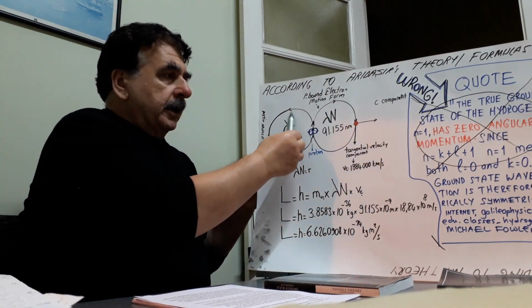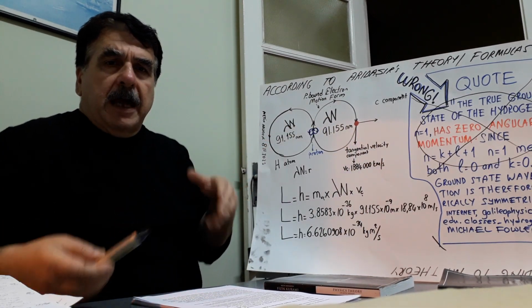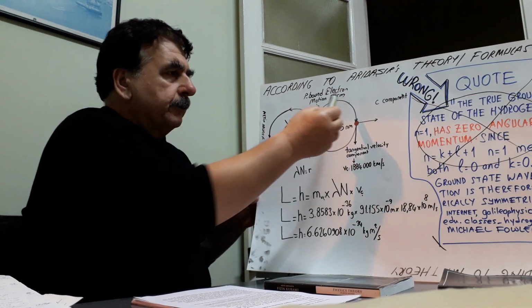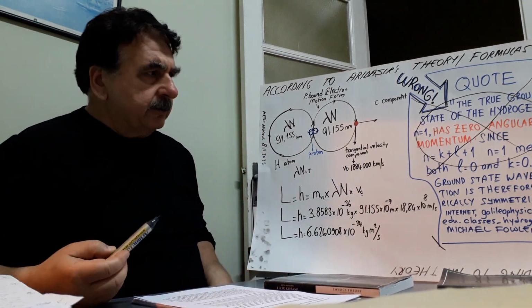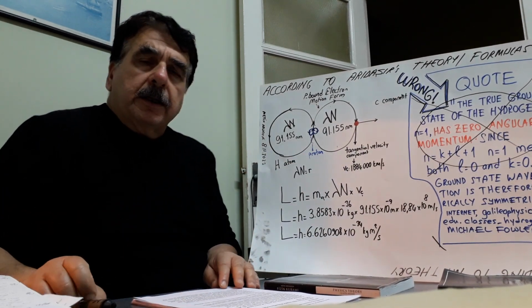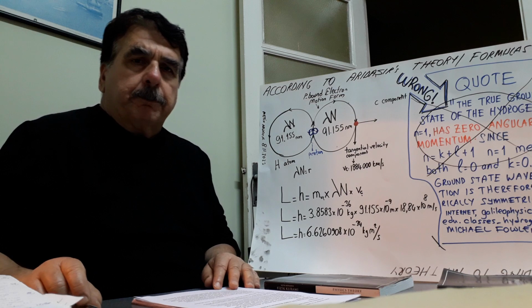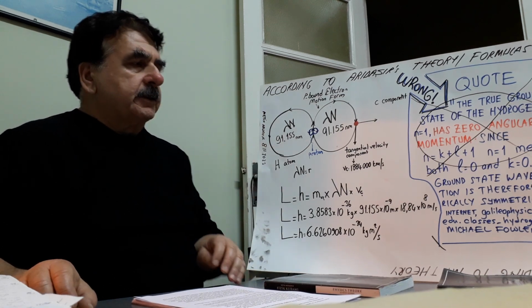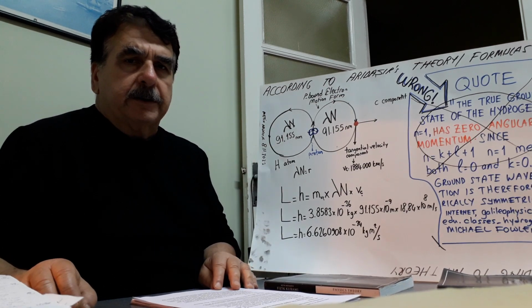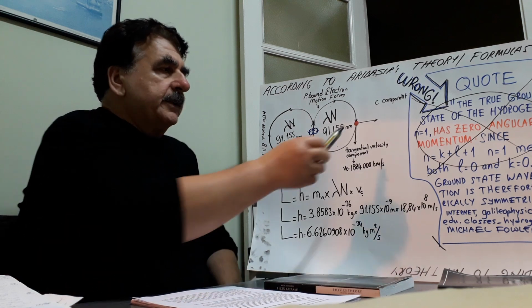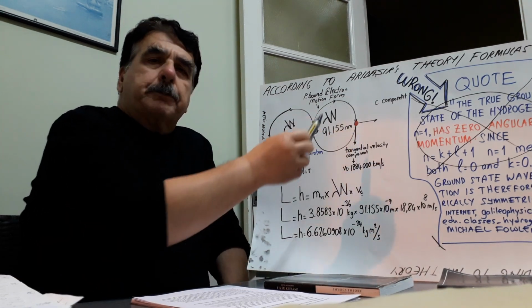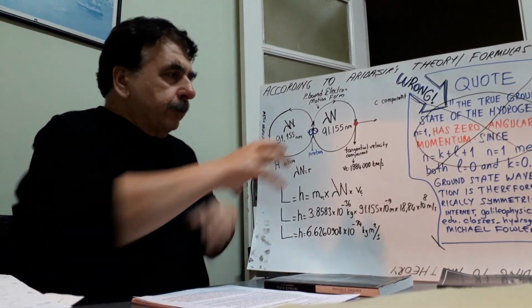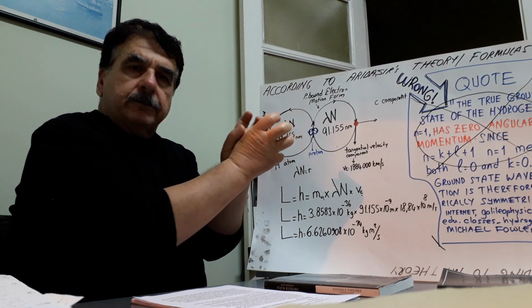Any point on this electron motion form, an inseparable point of this motion form, I define as a photon, an inseparable point of the motion surface.